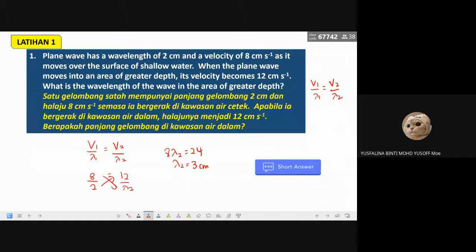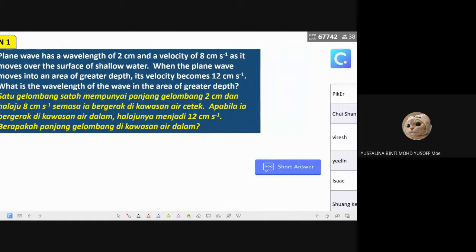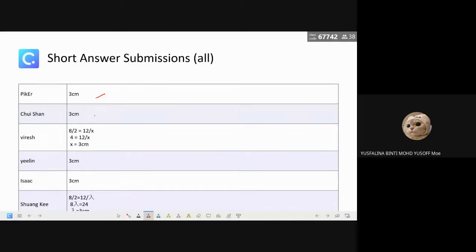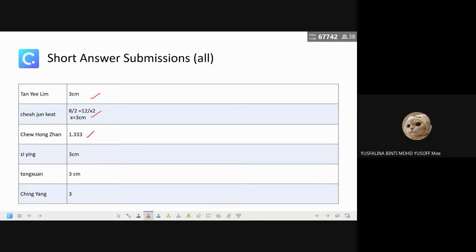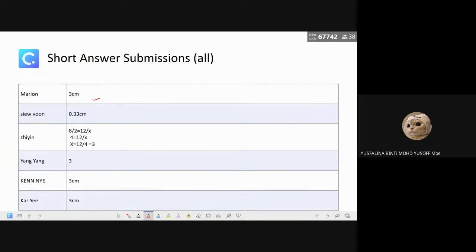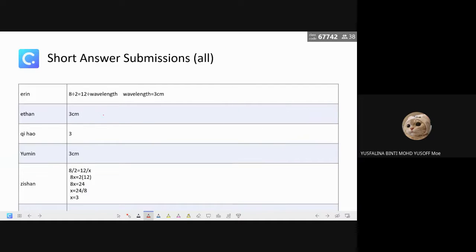Let's check your answer. Very good. Some of you show 1.33. How can you get 1.33? 0.33, why? Next time please show the unit.